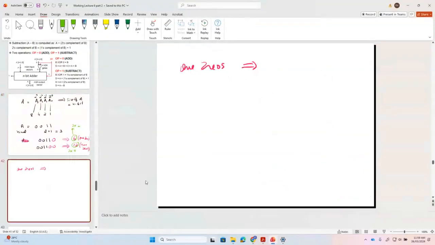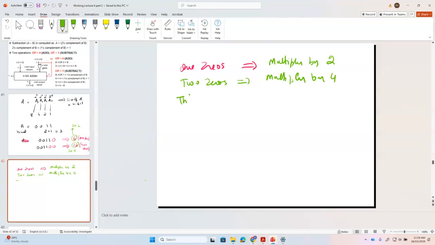So if we put 1, 0 in the end of any signal, it is multiplied by 2. Two zeros multiplies by 4, and 3 zeros multiplies by 8. Any question?